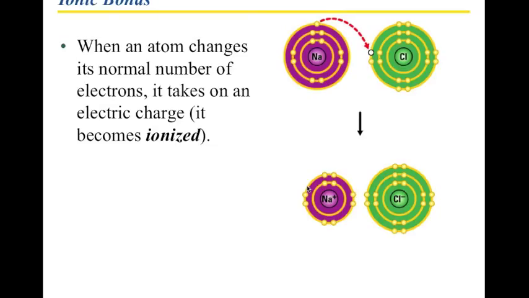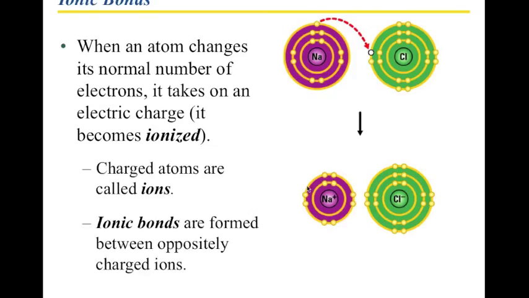Either way, however the atom takes on this electric charge, it becomes ionized. And this word ion basically means that some kind of electric charge is now on this atom. And so the ionic bonds that can form between these ions, those are the things that occur because of the movement of electrons and because the electric charge changes.